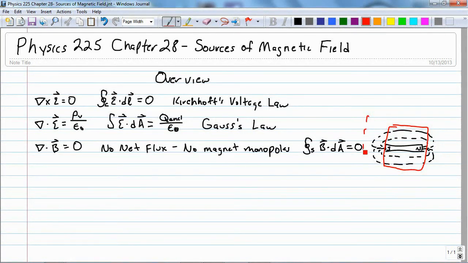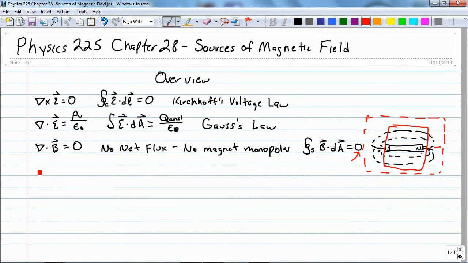And if I put the box over here, then the same thing. The amount of magnetic field lines per area leaving is the exact same amount that enters, and so this integral is 0.